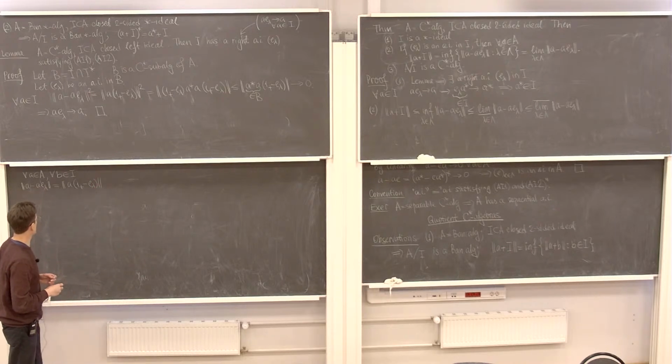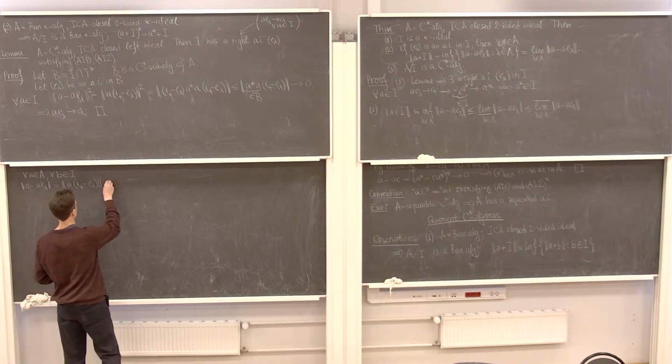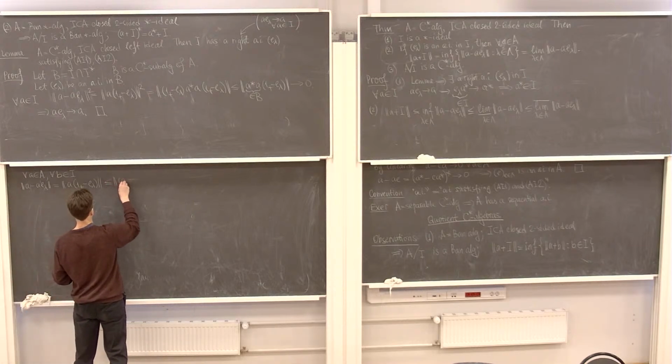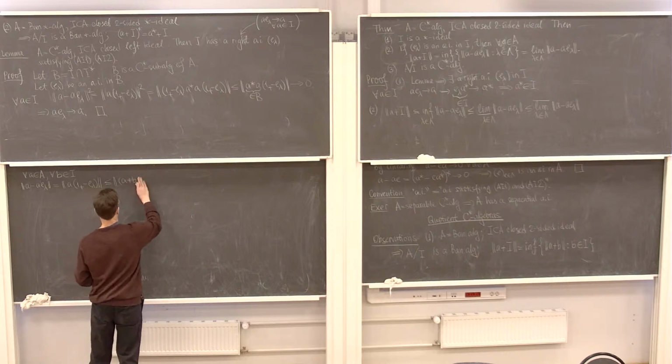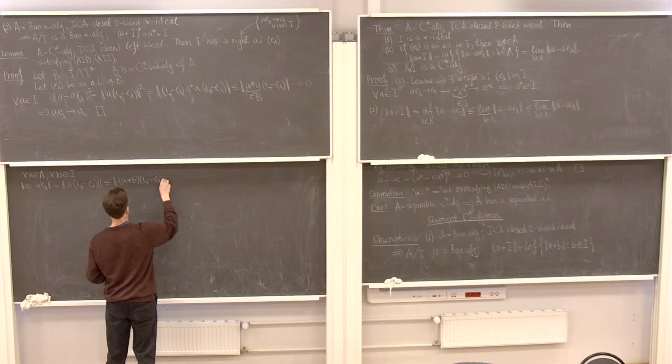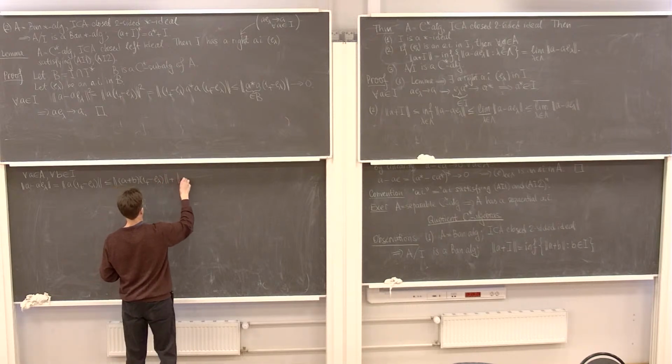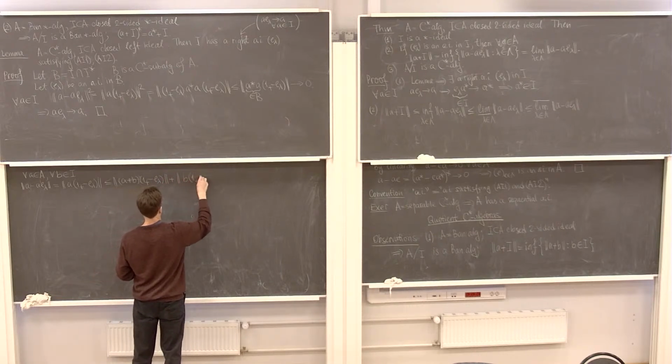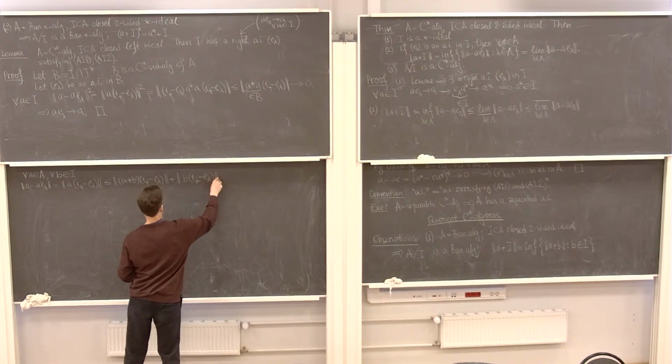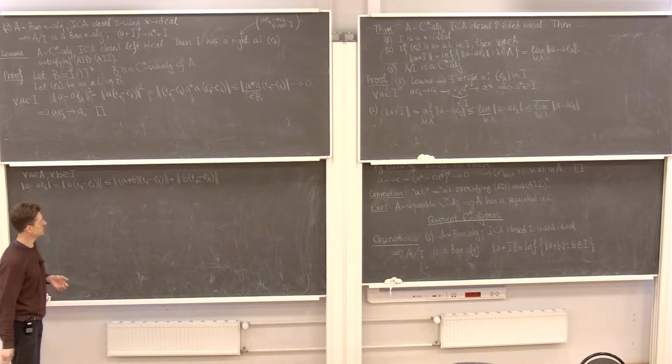So A is A plus B minus B. And by triangle inequality, we can write the following. Well, this is just the triangle inequality.